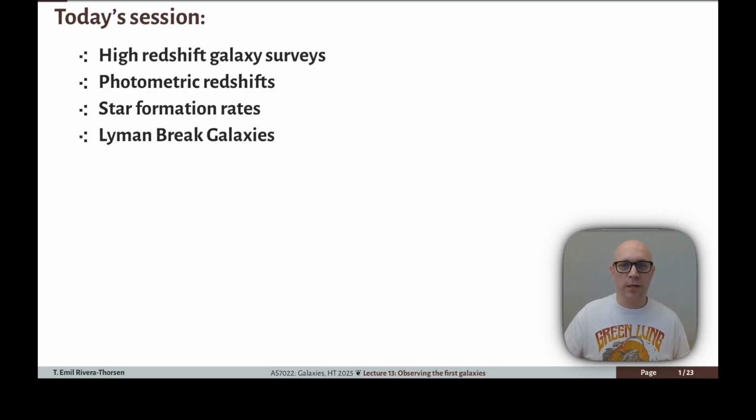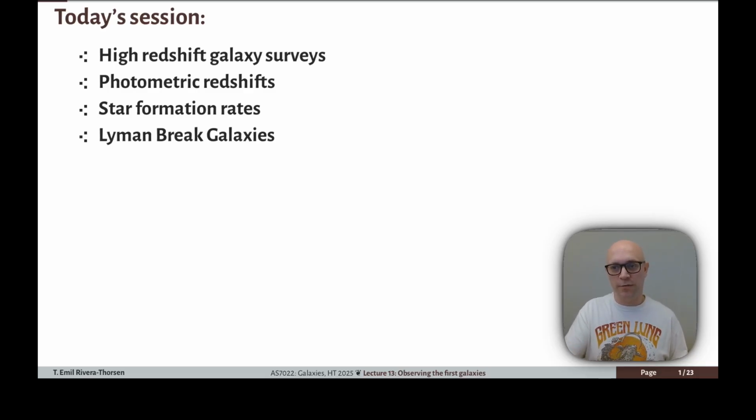Then we're going to talk about Lyman break galaxies. Lyman break galaxies have been, particularly historically, but also they've gotten a bit of a revival with the launch of JWST, a method to look for high redshift galaxies in a very efficient and observationally cheap way, which means that we have been able to do this on large scales.